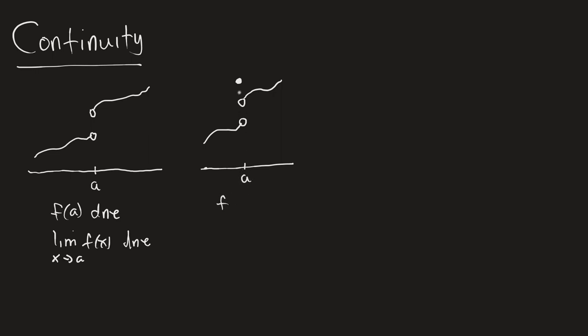So f of a would be whatever y value corresponds to this shaded in circle. So f of a exists now, but the two-sided limit still doesn't exist, right? The limit as x approaches a of f of x still does not exist.